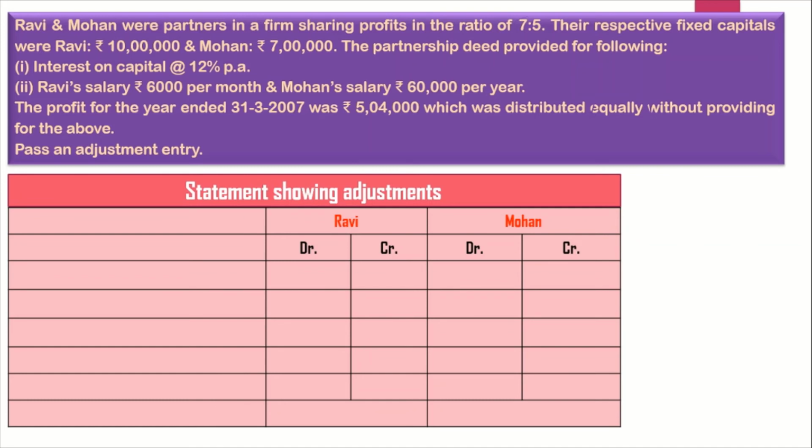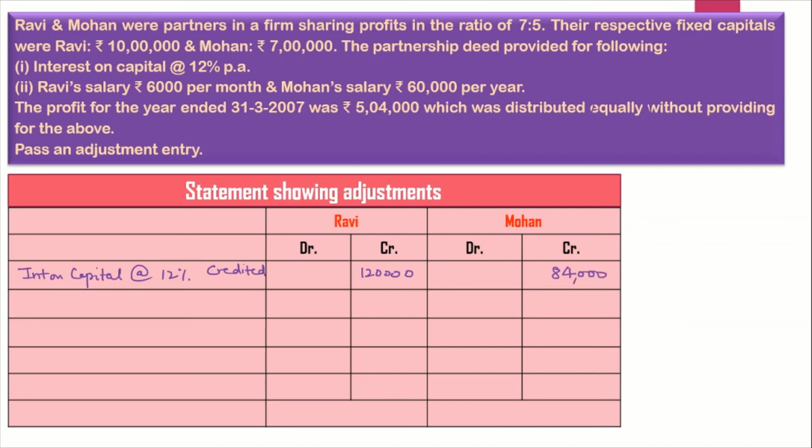I'll take one thing at a time. It says interest on capital is to be provided at the rate of 12%, and this I'm going to credit. So I've calculated 12% of their capital, and I'm writing on the credit side 1 lakh 20,000 and 84,000.